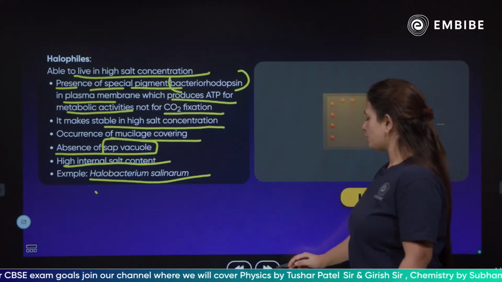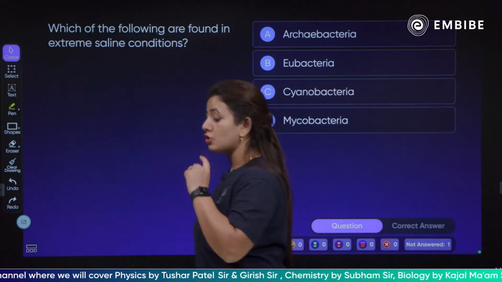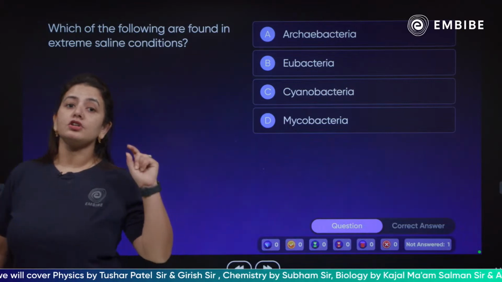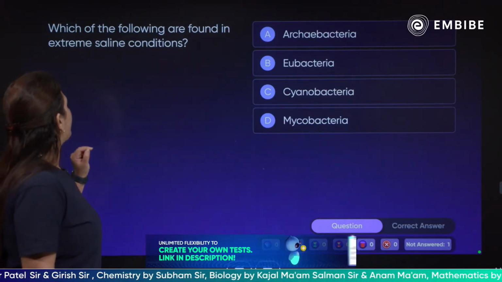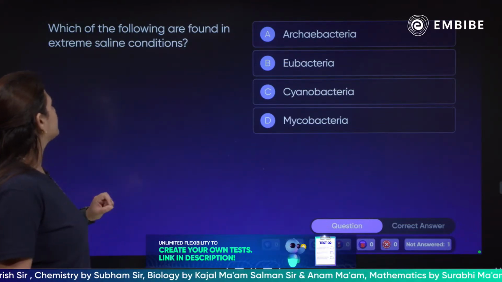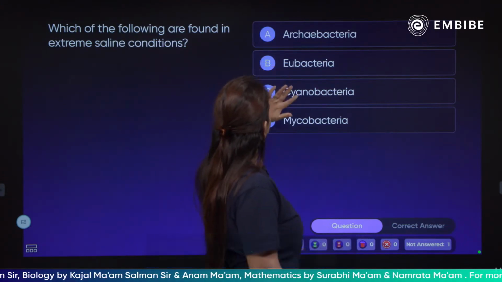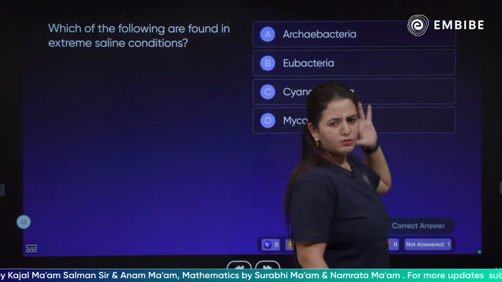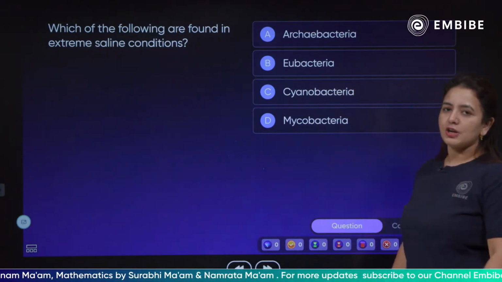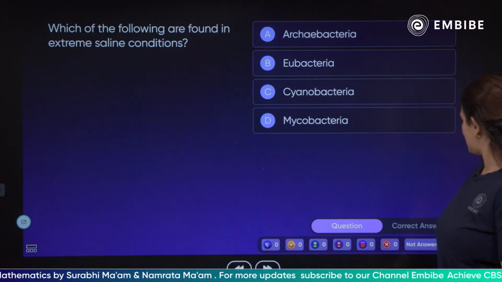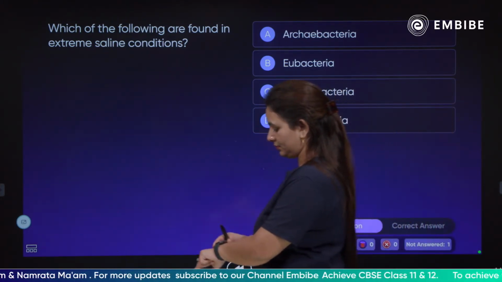Moving on to our next, we have a question. It is always important to solve questions after you have known about the content. So children, the topic is halophiles, and which of the following are found in extremely saline condition? Archaebacteria, Eubacteria, Cyanobacteria or Mycoplasma?